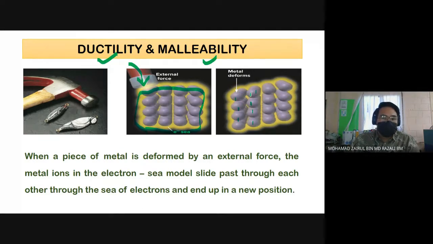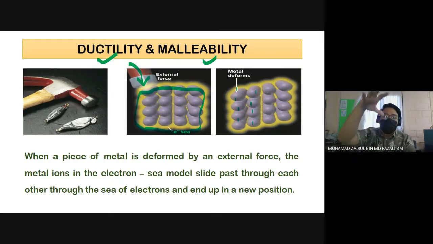positive ion ni. Once negative charge of the electron tu hold the positive ion ni, the force of attraction tu is strong enough in order to make sure that metal tu tak break even after awak apply external force. That's why waktu awak apply external force, dia hanya slip each other saja, hanya berubah tempat je.